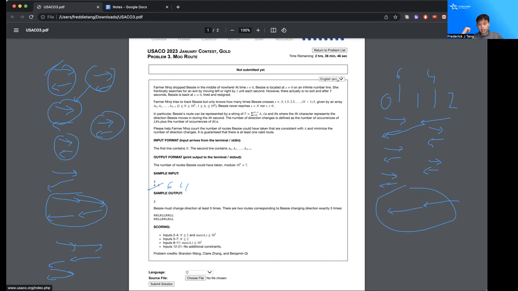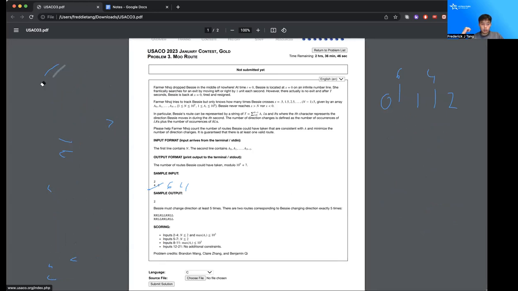So in this case, if the input was 6, 4 instead of 4, 6, how many possible paths would there be? Well, there are 3 crossings of 0.5, right? And 2 crossings of the 1.5, which means that we can choose, right?